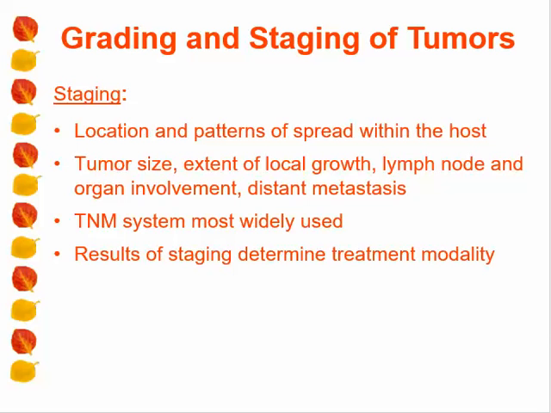The system that is most widely used is called TNM. T stands for tissue, N for node, and M for metastasis. And so treatments are really governed by this. So if it's just located in situ in the particular tissue that it originated in, it can probably just be surgically removed, right?